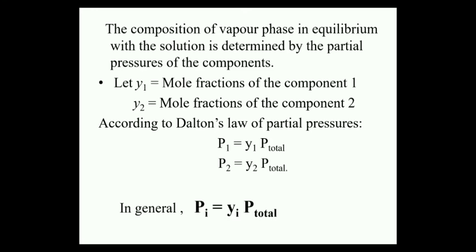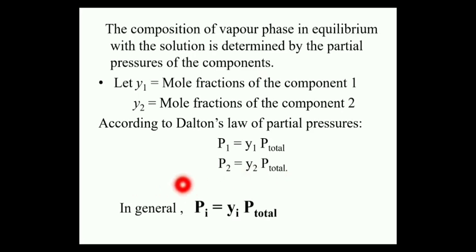So the composition of vapor phase is in equilibrium with the solution and it can be determined only by the partial vapor pressures of the components. So we have denoted by this equation P1 is equal to Y1 into P total for component 1. Similarly, for component 2, P2 is equal to Y2 into P total.